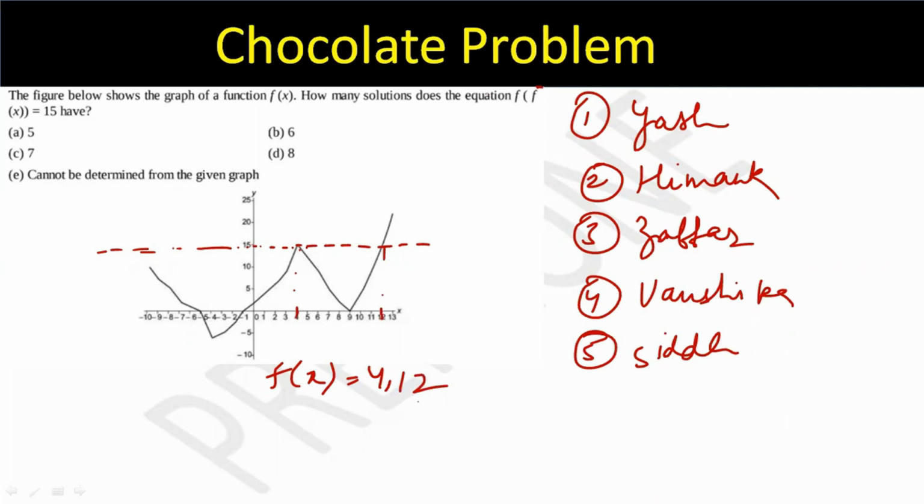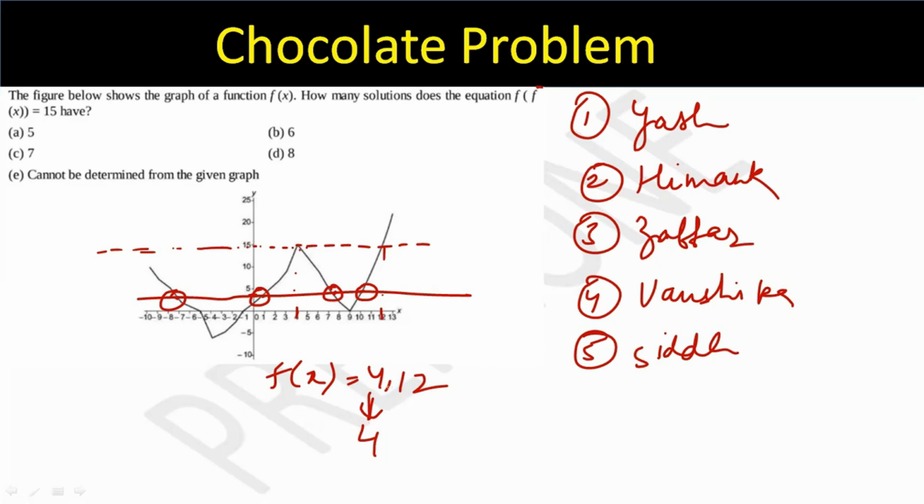So essentially you have to now calculate for how many values is f x equal to 4 and for how many values is f x equal to 12. Now f x is 4 at how many points? This is the value of 4, right? 1, 2, 3, and 4. At 4 different points, f x can take the value 4. You don't have to calculate the values.